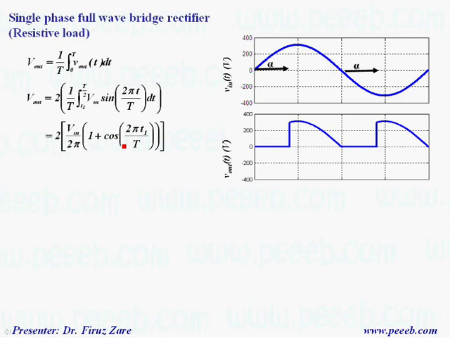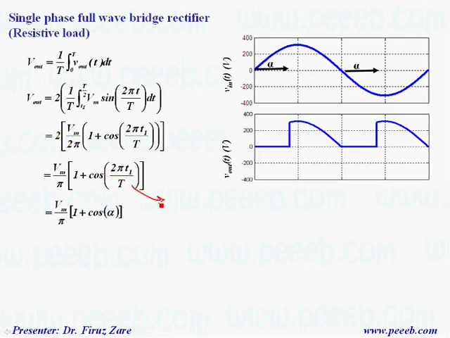And then from the previous equation, we have found this integral, which was basically Vm over 2 pi times 1 plus cosine 2 pi T1 over T. Or we can simplify this equation to Vm over pi times 1 plus cosine 2 pi T1 over T. Similar to the previous case, we can say that alpha equals 2 pi T1 over T. So the output voltage in this case, when we have a full wave rectifier, is Vm over pi times 1 plus cosine alpha.